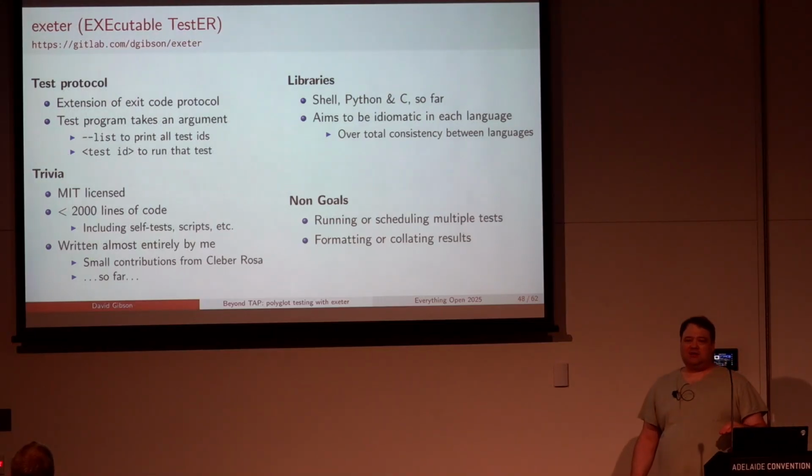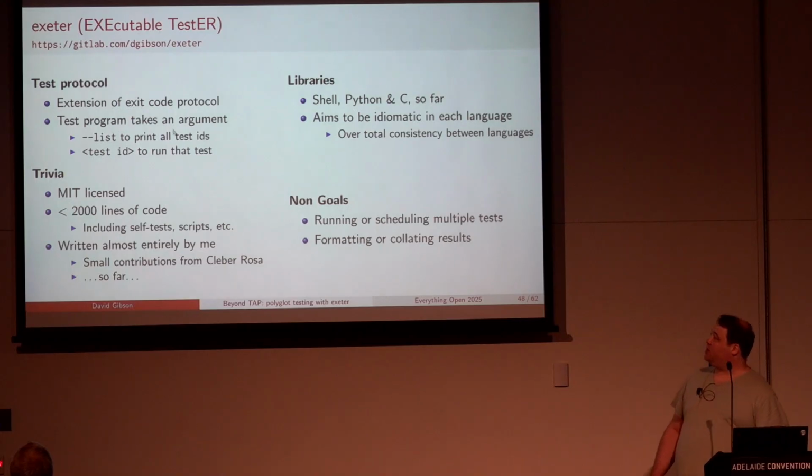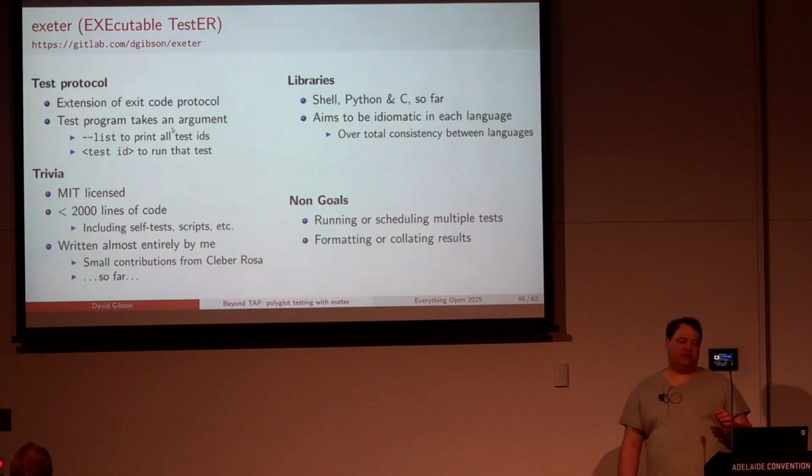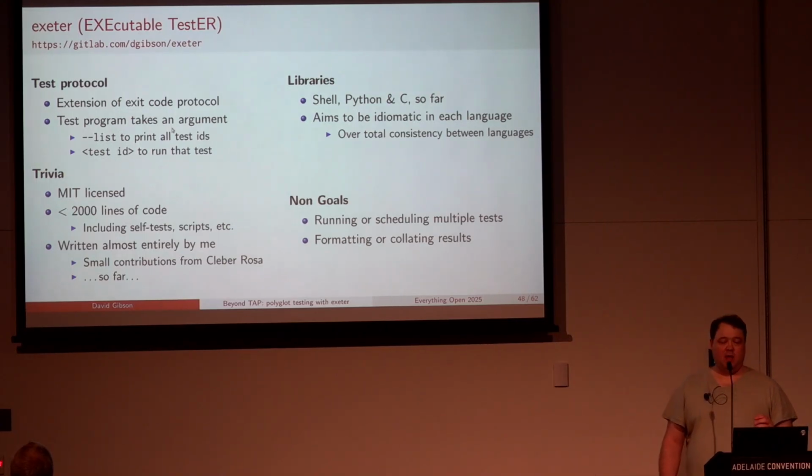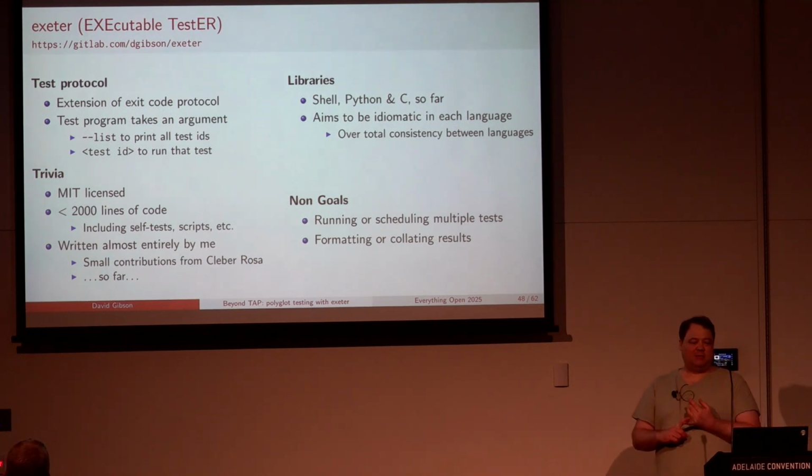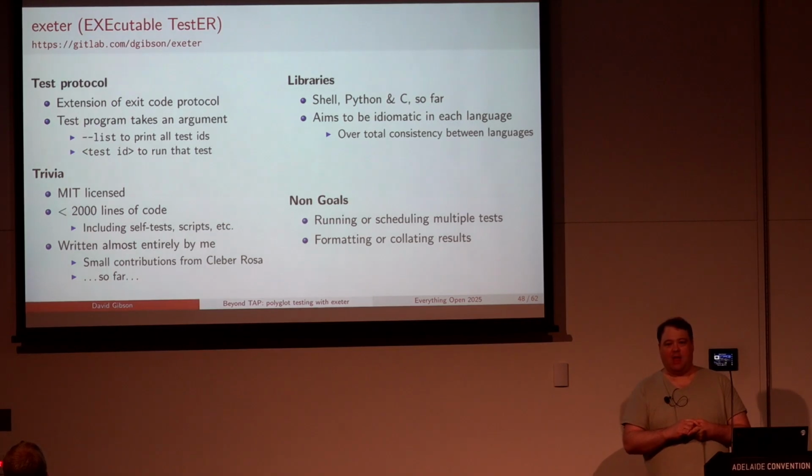So Exeter is my attempt to do this. It is basically two things. It's a test protocol, which is an almost trivial extension of the exit code protocol. Your test program takes an argument, either it's --list, which prints out all the tests the program can do, or you give it one of those IDs that came from list and it runs just that test.